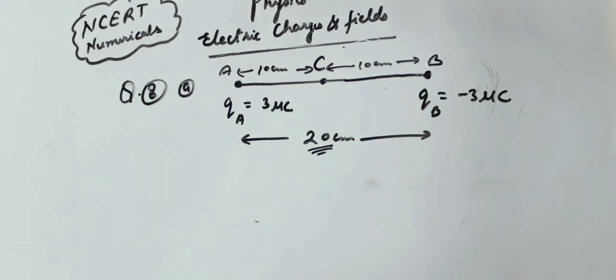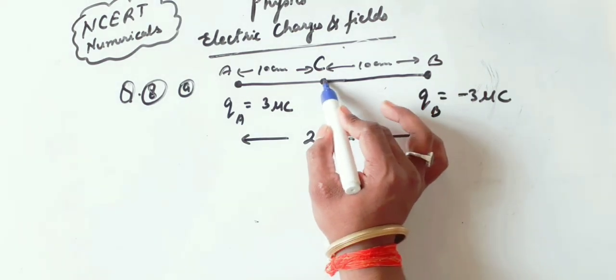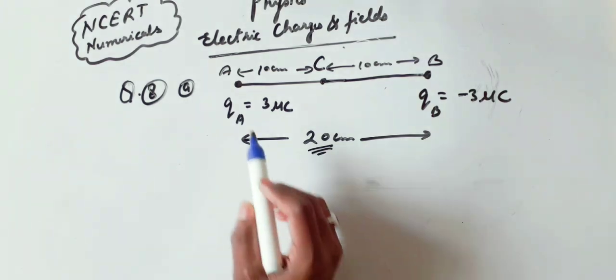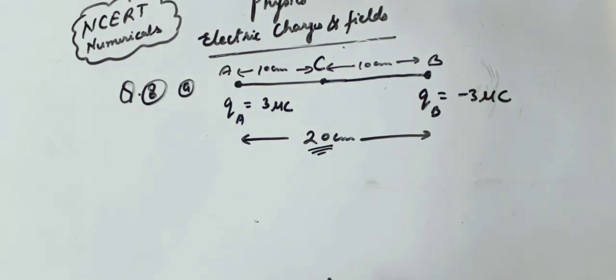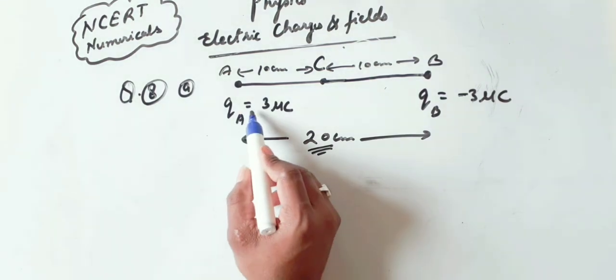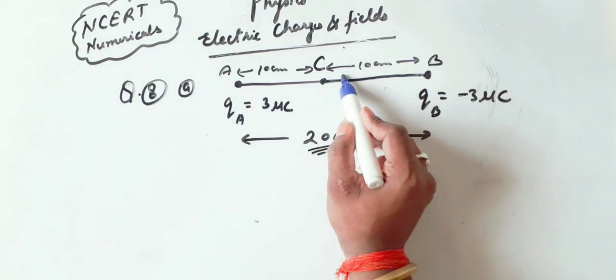So we will find the total electric field due to these two charges at point C. Friends, as we know, from the positive charge the electric field will be outward.